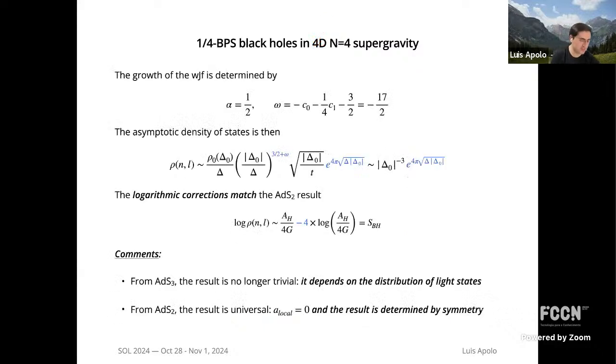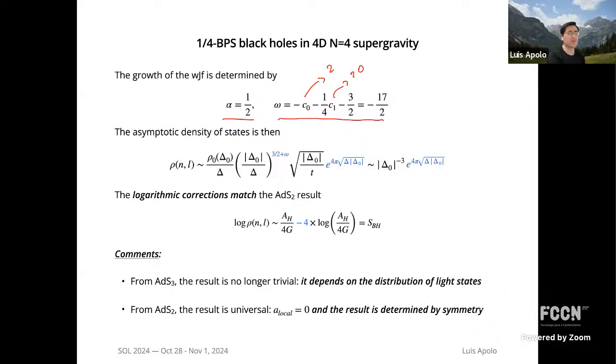So alpha, what determines the exponential growth of the light states, is 1/2. And omega, which determines the polynomial growth of the light states, is given by this value. Here again C0 and C1 are the degeneracies in the elliptic genus of the seed of K3. So this one is 2, and this one I think is 20, and this is what gives you this value of -17/2.